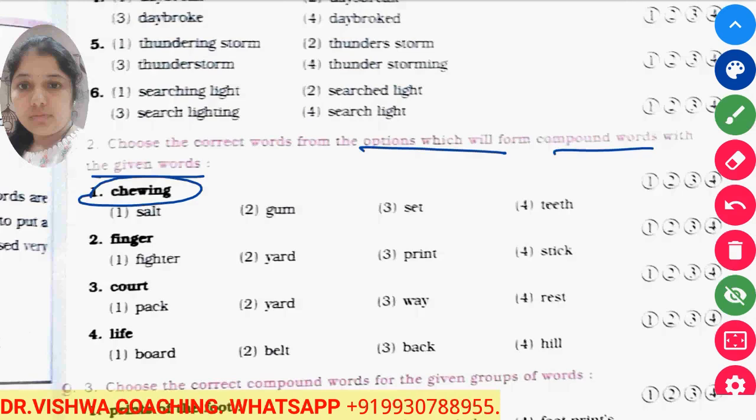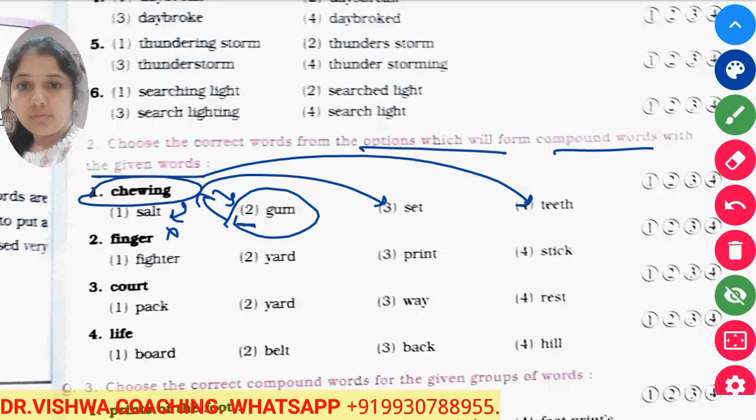With chewing, do we say chewing salt? No. Chewing gum, yes, we can. Chewing set, no. Chewing teeth, no. We always say chewing gum. So the correct option to form the compound word is gum.